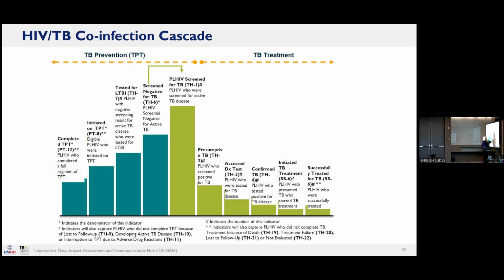So we start with those who were screened for TB. To the right, we have the cascade of TB treatment, and to the left, of TB prevention.